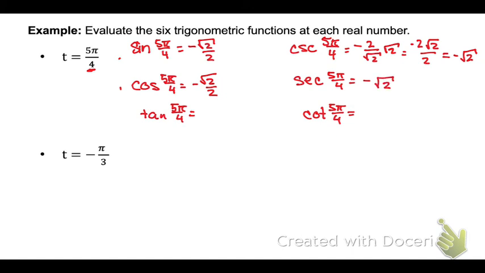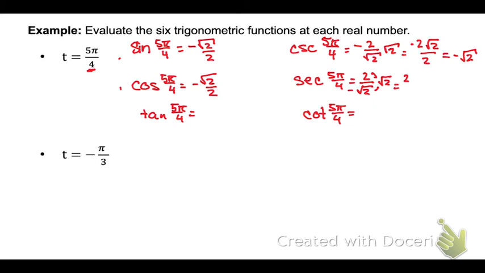I didn't have to go through all that again because I did. Does everyone understand how we got to negative square root of 2? No? Okay, so let's go through it again. We're going to reciprocate: 2 over negative square root of 2. I have to multiply by square root of 2 in the numerator and denominator because I can't leave it in the denominator.